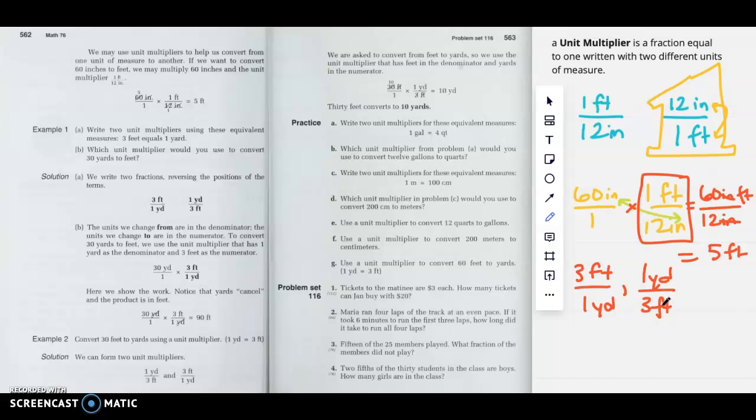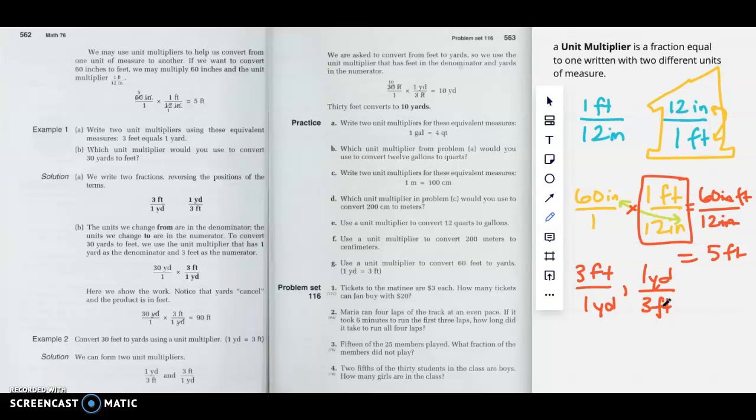So let's look at example B. It says, which unit multiplier would you use to convert 30 yards to feet? Well, if you're starting with 30 yards and you want to end with feet, that means you want to put yards in your denominator. Remember how I said earlier you want to do opposite numerator to denominator? So whatever unit you have here needs to be down in your denominator.